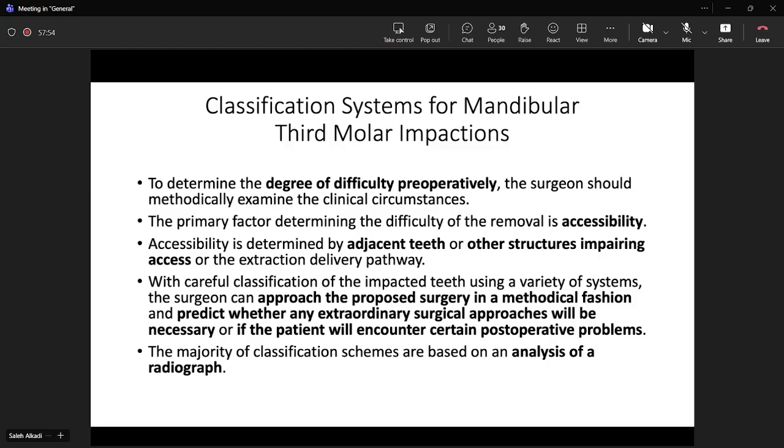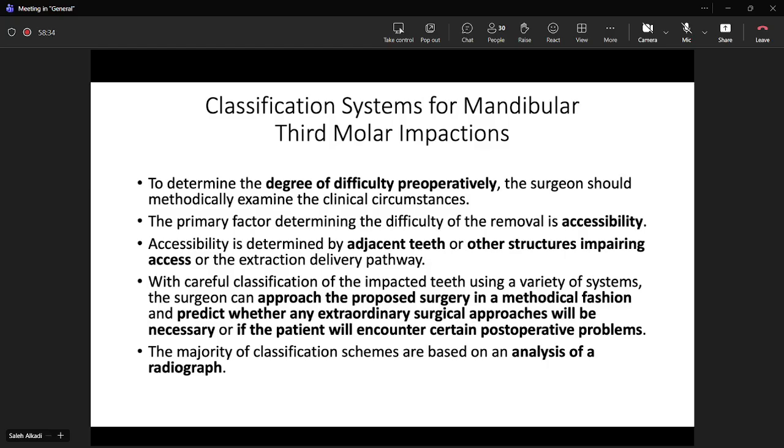And we use methodical examination in order to determine why this tooth is easy or difficult to remove. The primary factor that determines the difficulty of third molar removal is accessibility. If there is good accessibility to that wisdom tooth, then it's easy to remove. If the accessibility is difficult, then it's difficult to remove. And this accessibility is determined by adjacent teeth and structures impairing access to the extraction delivery pathway.